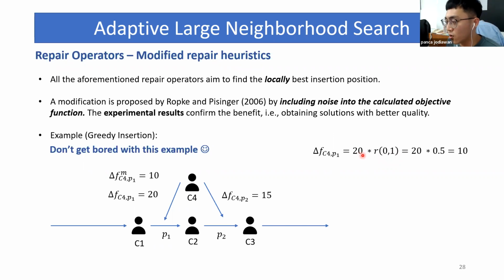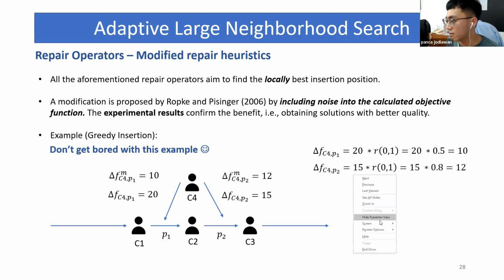So we modify the cost by multiplying the original cost with some noise, here for example a random value between 0 and 1. Let's say 20, and you got 0.5 from the random generator. Then 20 multiplied by 0.5 equals 10. Then the next one, you calculate the second position and multiply it with another random value, and the random generator gives you 0.8, and then it's 12.